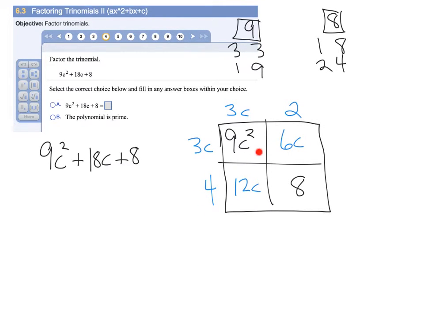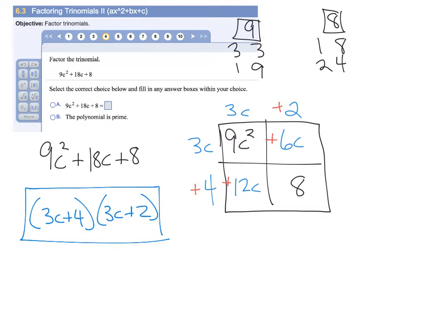So it's the middle terms that we need to see if they're going to equal 18c, and sure enough, they do if you add them both as positives. So that makes this a positive 2, this makes it a positive 4, and so our factors are 3c plus 4 and 3c plus 2.